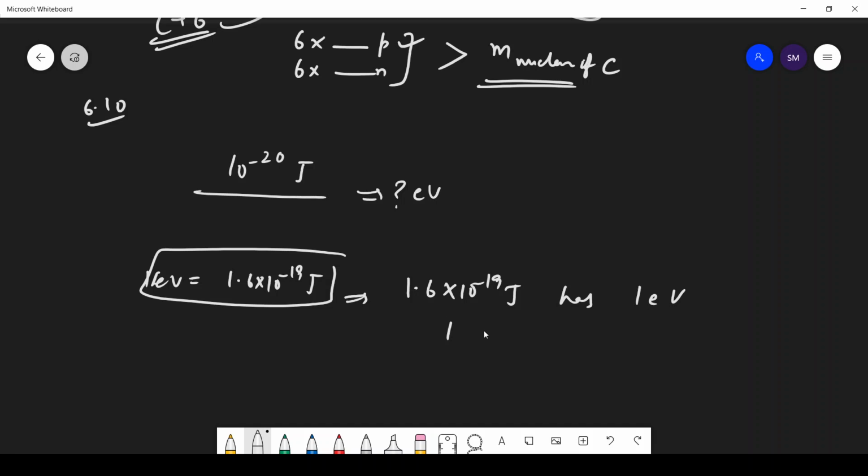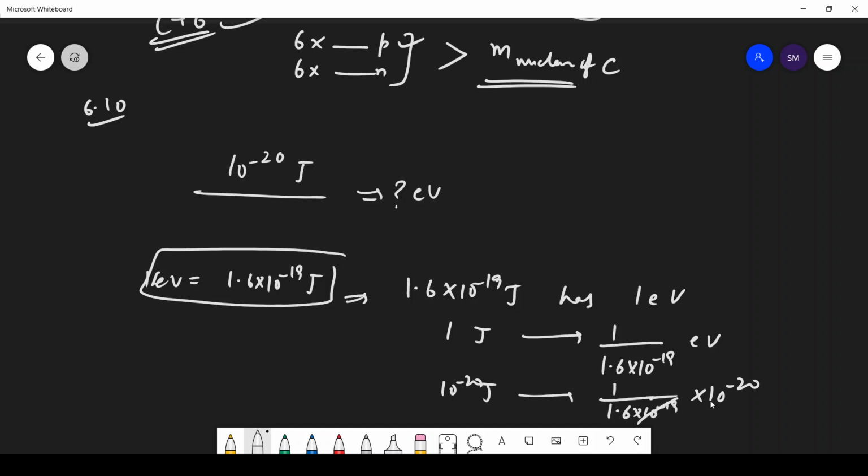So unitary method. So 1 joule will have how much? 1 divided by 1.6 into 10 to the power minus 19 electron volt. And what about 10 to the power minus 20 joules? So that will be 1 upon 1.6 into 10 to the power minus 19, into 10 to the power minus 20. So now, minus 19 minus, 10 to the power minus 1. And this comes out to be 1 upon 1.6 into 10. So do it and you will find that this equals 0.06 electron volt. So you can do it with the unitary method, students.